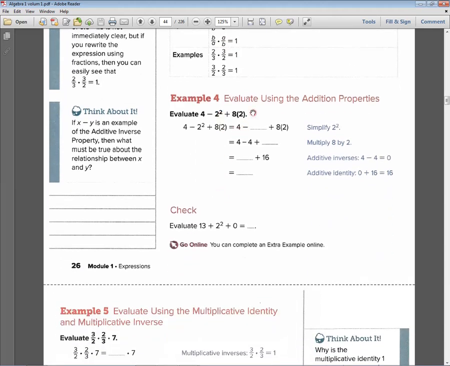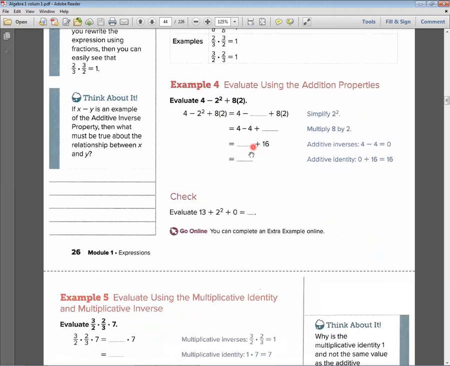Example 4, evaluate using addition properties. Here I have to complete this one, okay? Evaluate 4 minus 2 to the power of 4 plus 8 times 2. The problem is here, and we have to start.